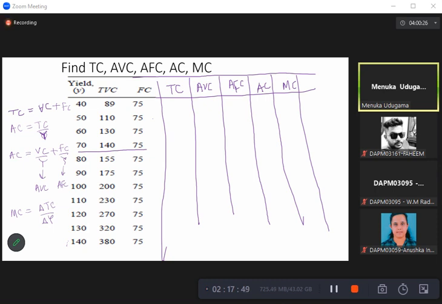It's 89 plus 75, isn't it? Total cost is made up of variable cost and fixed cost.